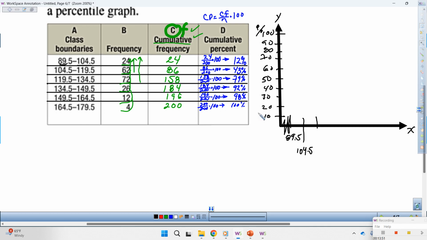Then the next one is 119.5. Then the next one is 134.5. Then the next one is 149.5. Then the next one is 164.5. And the last one is 179.5.